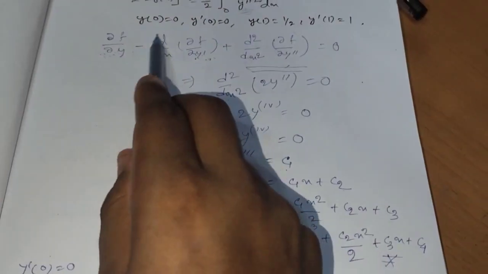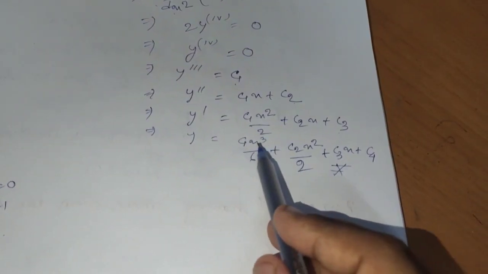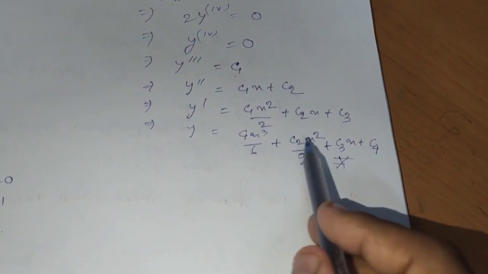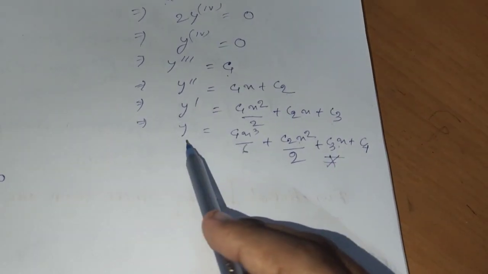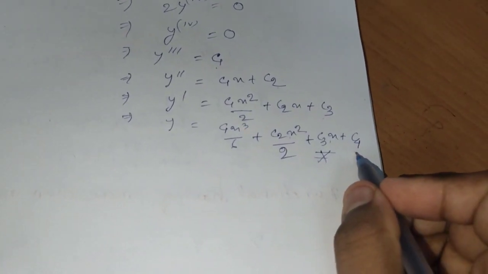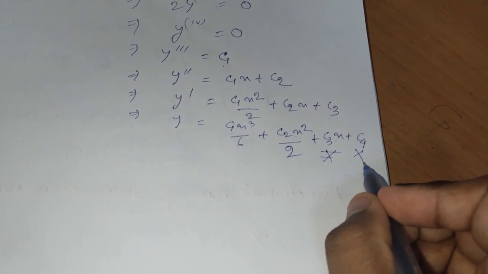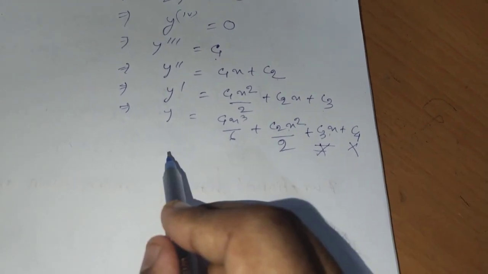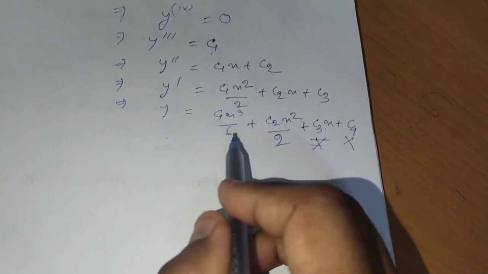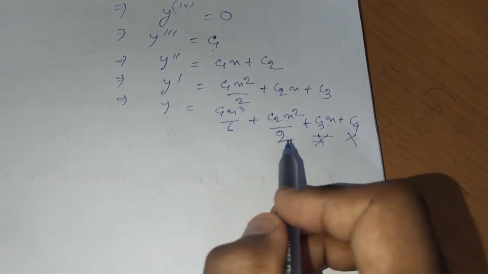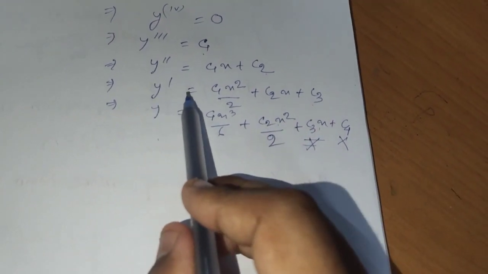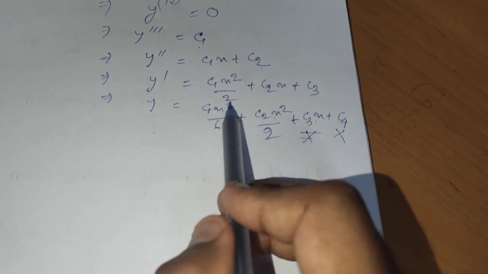Okay, and we are also given that y0 is 0, that is if we put x equal to 0 here, this term will be 0, so c4 is also 0, right? Only remains y equal to c1 x cube by 6 plus c2 x square by 2 and y dash equal to c1 x square by 2 plus c2x.